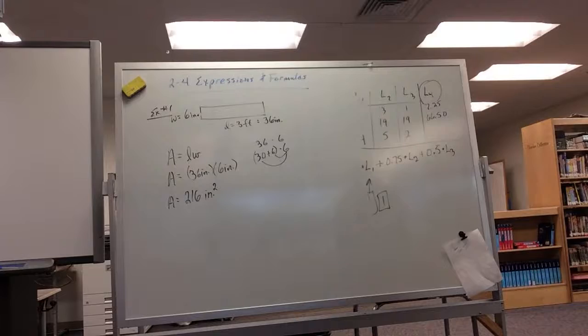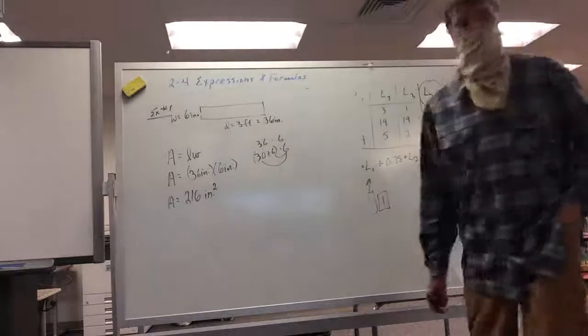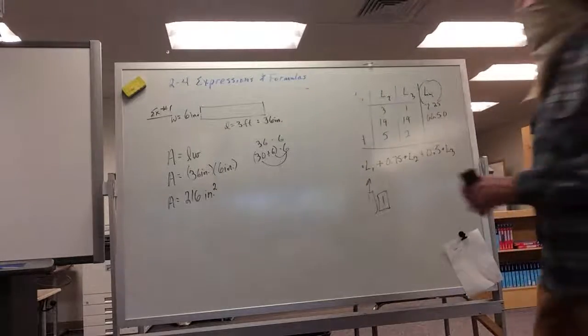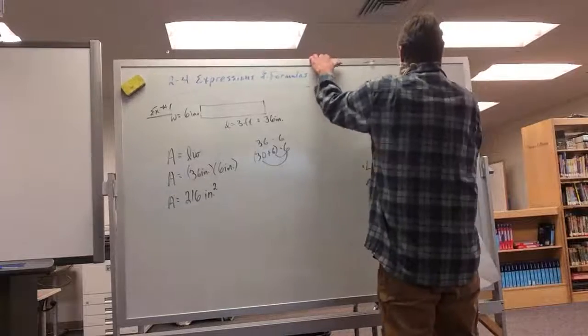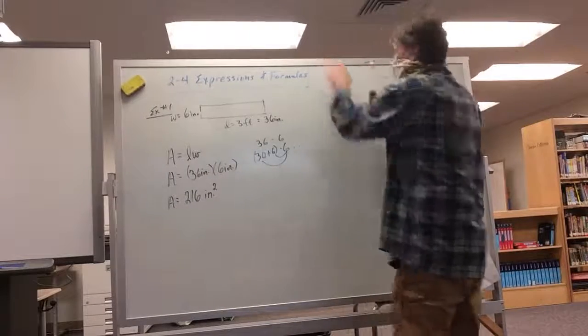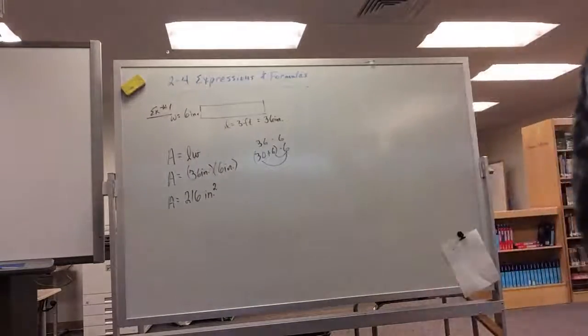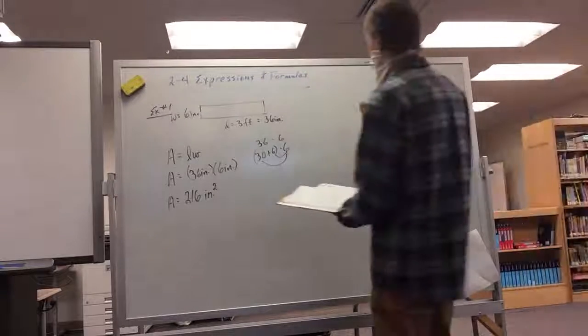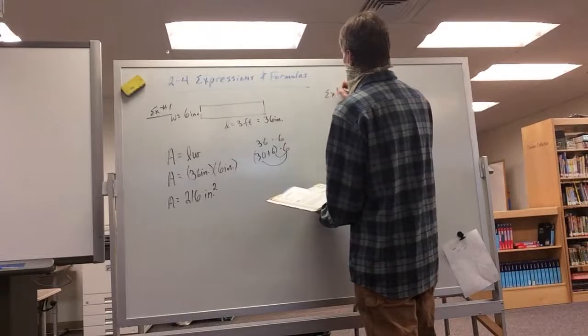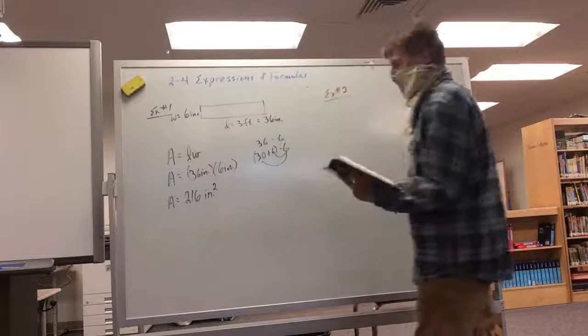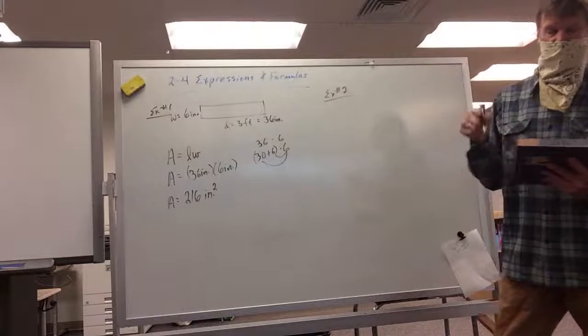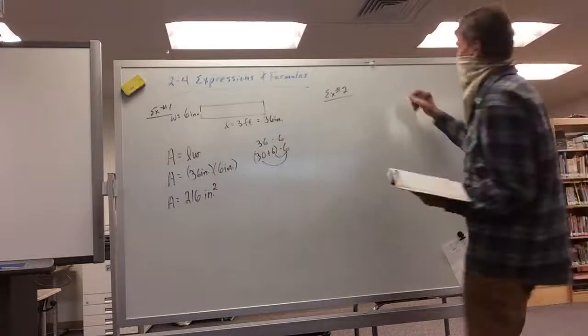Okay, last example. They give a square within a square. So rather than just doing area, because you've been doing this for a while, we'll throw a twist into it. It says the area of the shaded region at the right can be found using this formula.